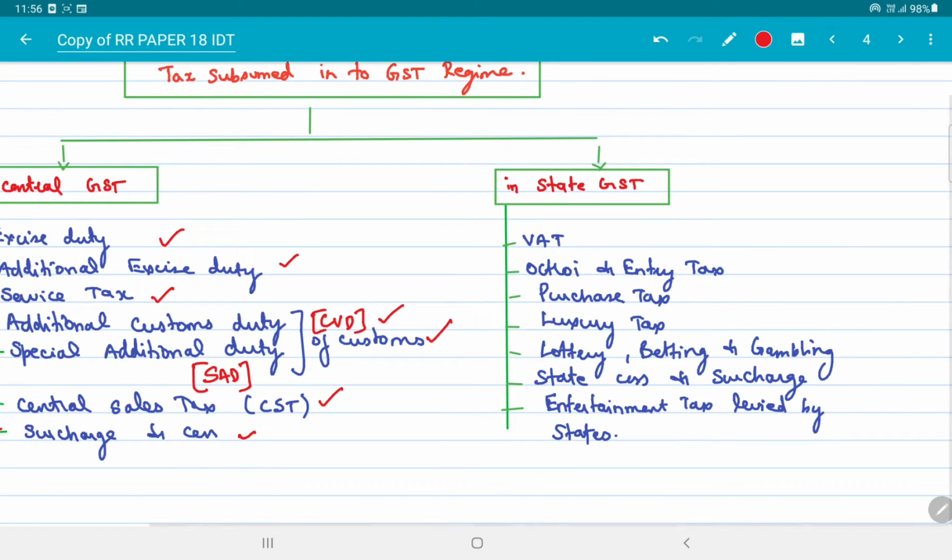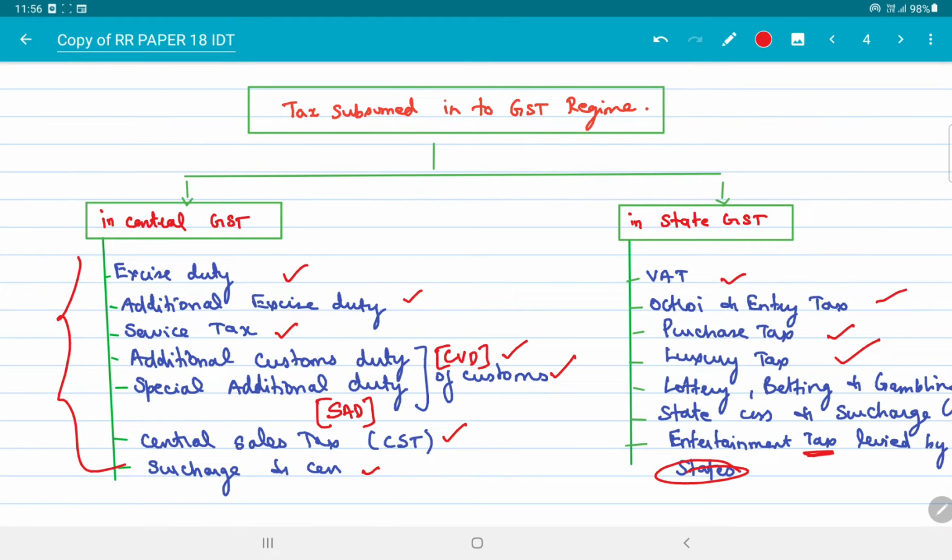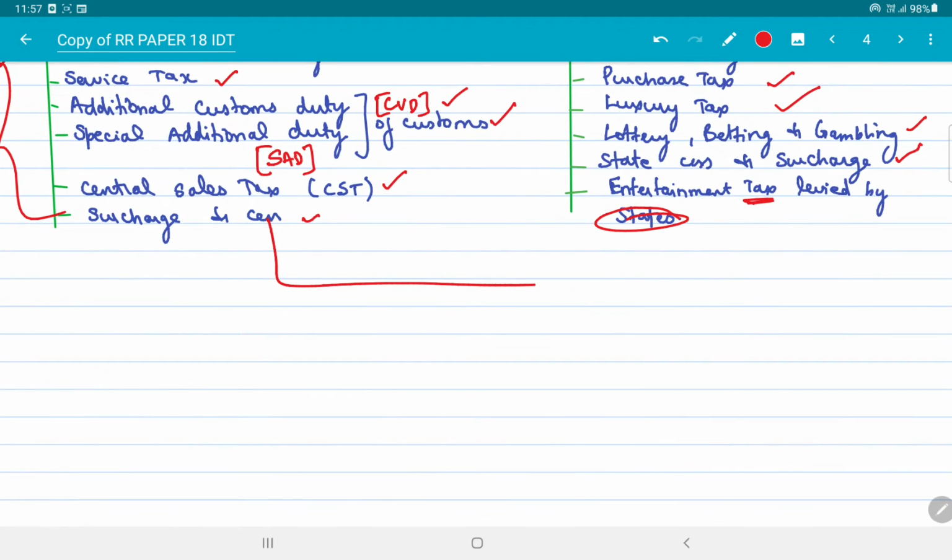In the state government: VAT, octroi and entry tax, purchase tax, luxury tax, lottery, betting and gambling, state cess and surcharge, and entertainment tax levied by states. So these are all taxes which are subsumed and no more such taxes are levied. In place of such taxes, there is only one tax which is levied and that is GST.